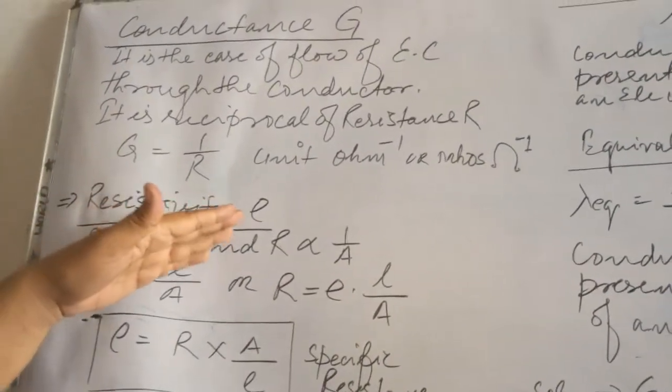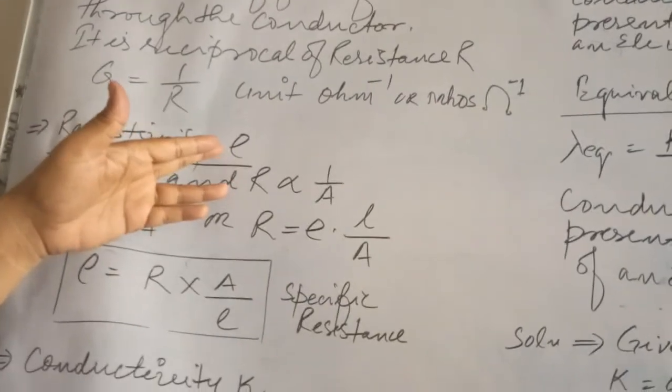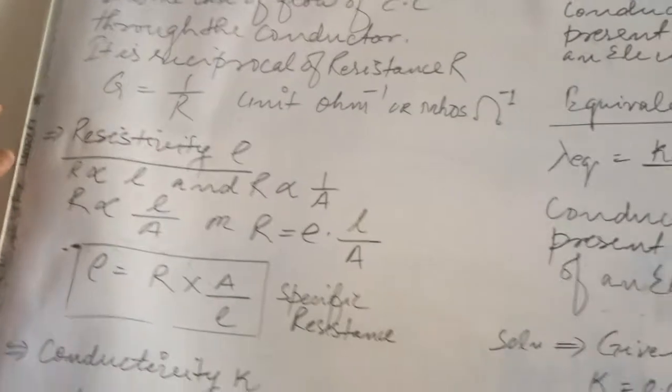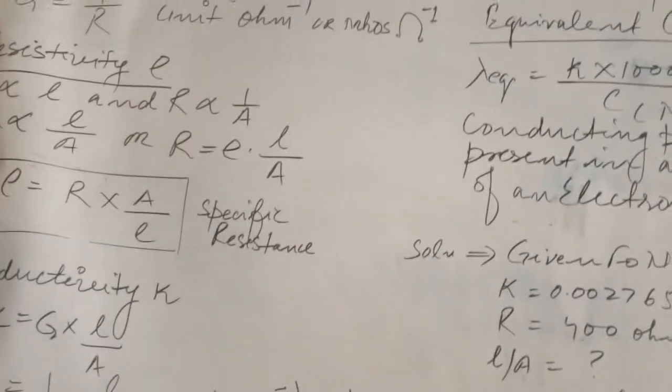Resistivity is denoted by the symbol rho. This is already derived by the equation.